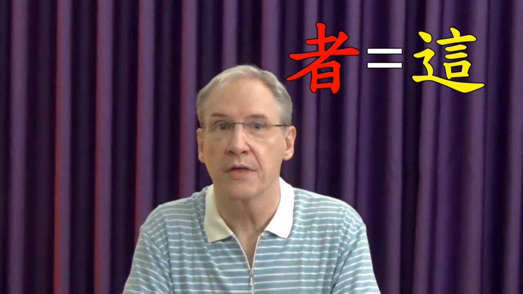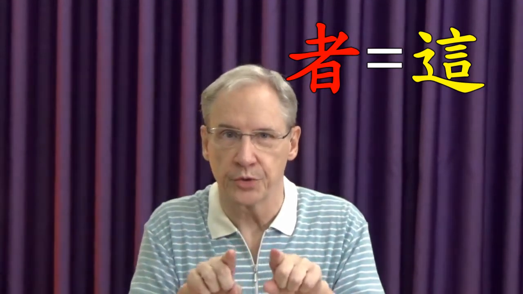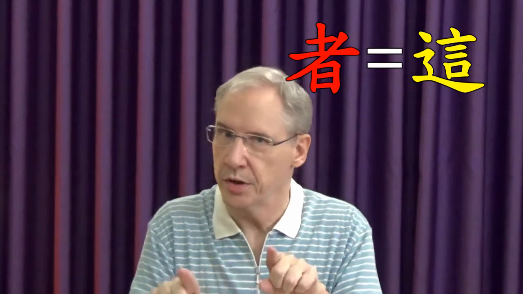The original character meant to approach, go forward. During the Tang Dynasty, the character was borrowed as a substitute for 者, meaning a person or thing being approached, something in close proximity, someone nearby.